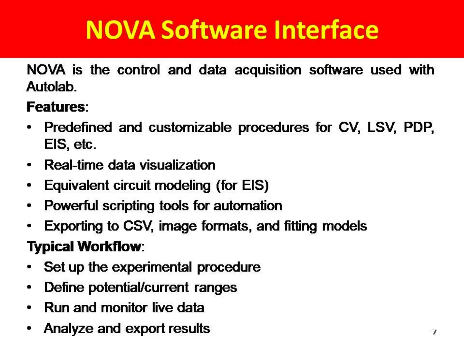Its features are predefined and customizable procedures for cyclic voltammetry or linear sweep voltammetry, PDP, EIS, etc., real-time visualization, equivalent circuit modeling, powerful scripting tools for automation, and exporting to CSV and image formats and fitting models.